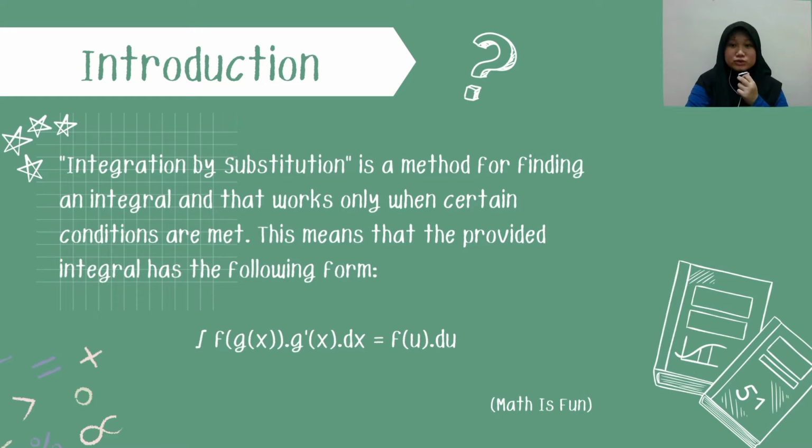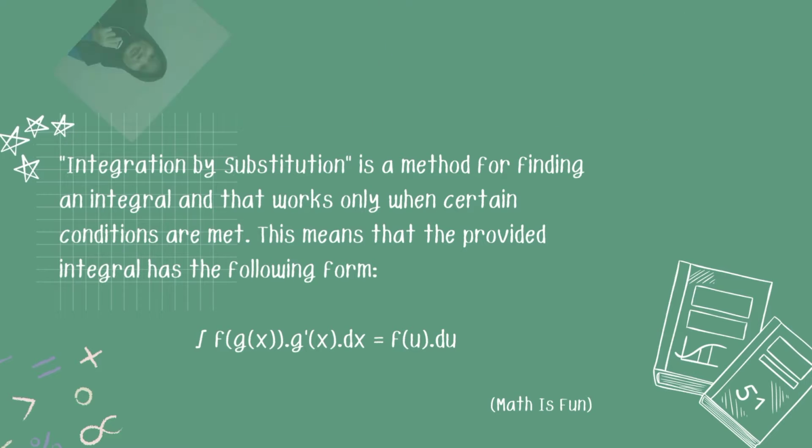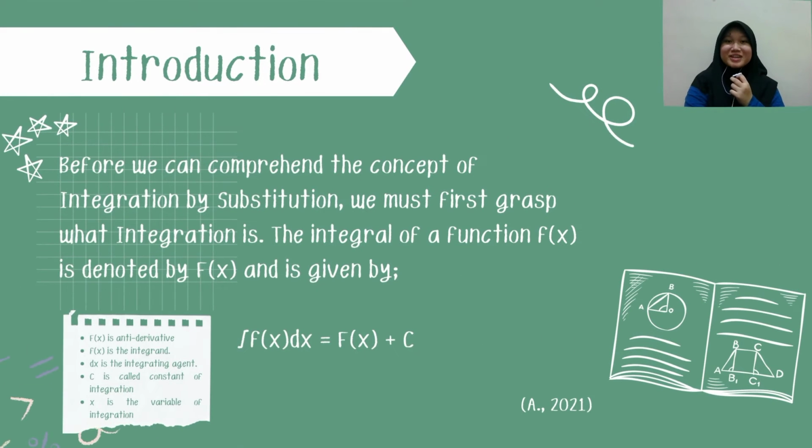Integration by substitution is the opposite of the chain rule for differentiation and can be thought of as the reverse application of the chain rule. Before we can comprehend the concept of integration by substitution, we must first grasp what integration is.